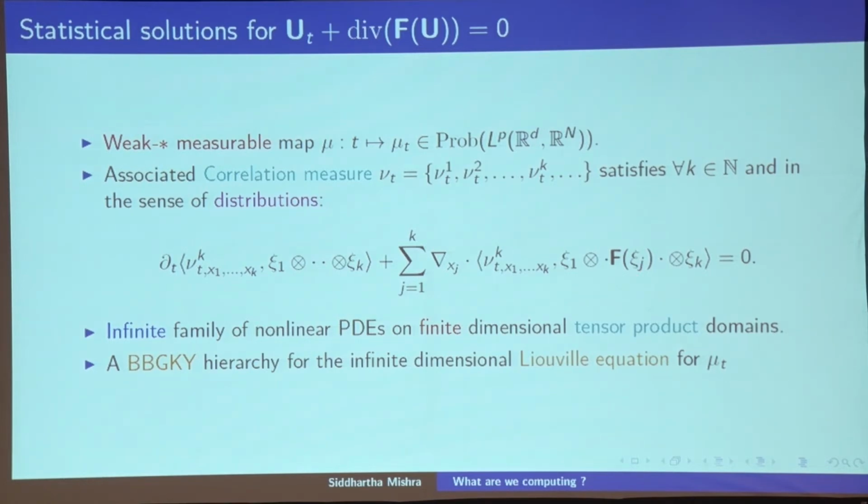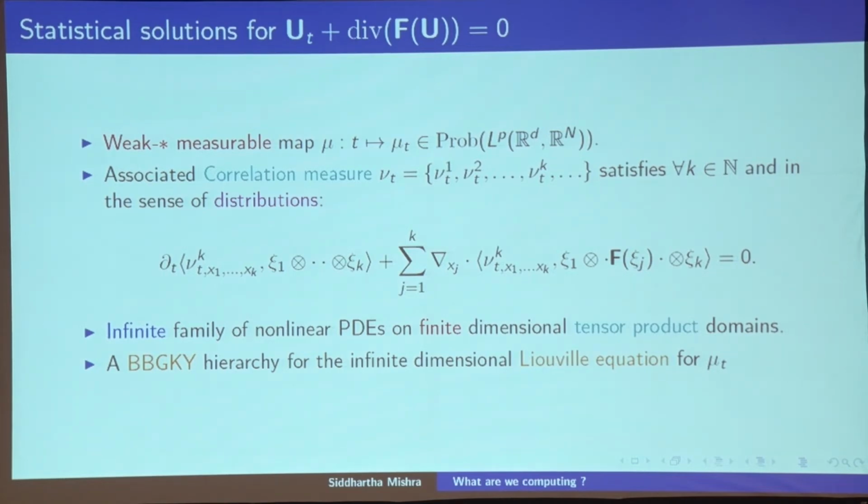So I have an infinite family, but each member of the family takes values in a finite dimensional space, an increasing finite dimensional space. Those who know statistical physics know that the measure mu_t on an infinite dimensional probability space would satisfy what is called a Liouville equation. This family, on the other hand, satisfies what is called a BBGKY hierarchy.